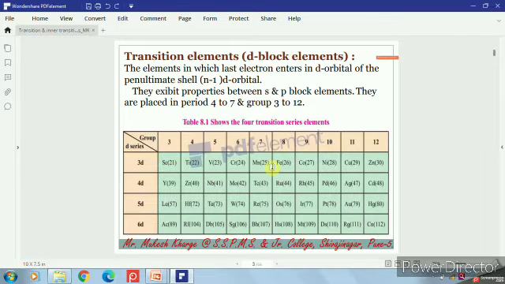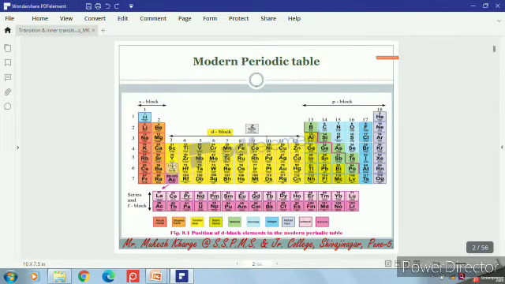But if you observe the periodic table carefully, scandium to zinc is the 3d series, but they are placed in the 4th period. Then yttrium to cadmium is the 4d series, but the period is 5th. Lanthanum to mercury are present in the 6th period, but 5d series, and from actinium to copernicium they are placed in the 7th period but 6d series.